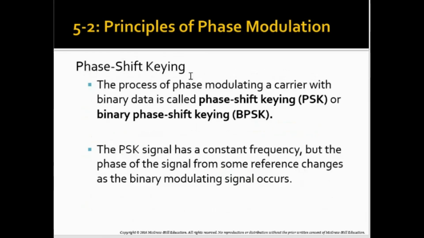Similar to frequency shifting, we also have phase shifting. The process of phase modulating a carrier with binary data is phase shift keying, or binary phase shift keying, BPSK. But in general, we just call it PSK.